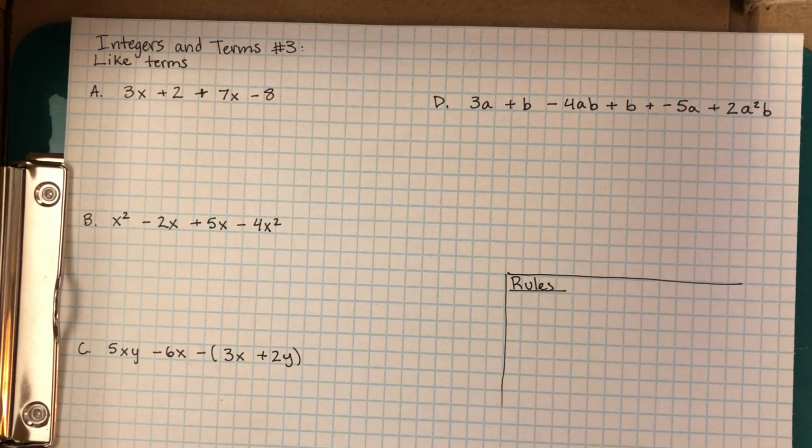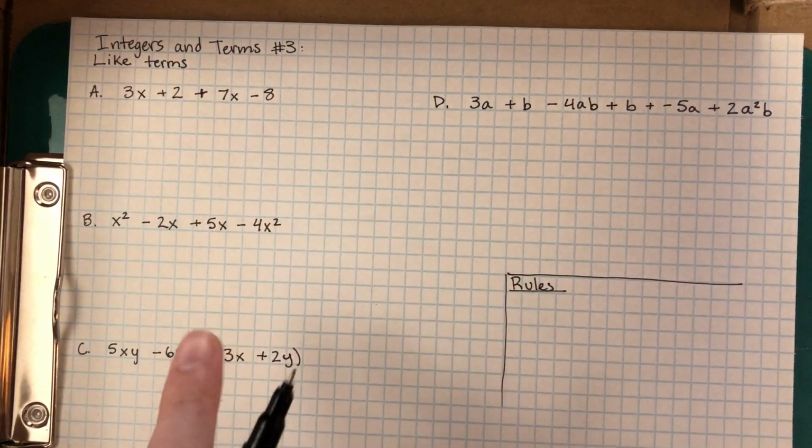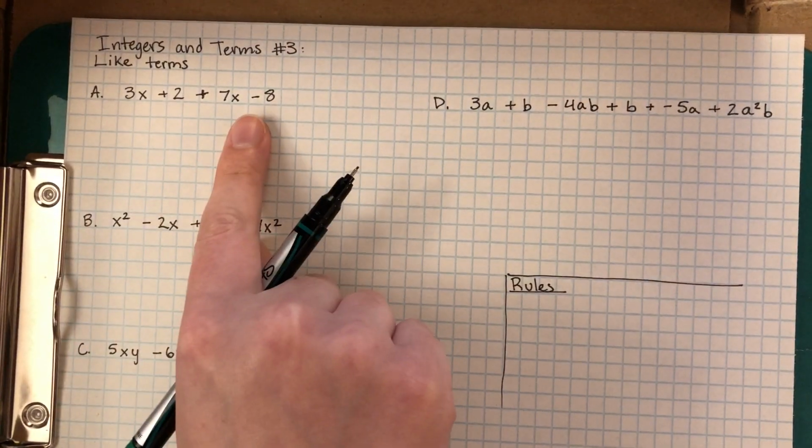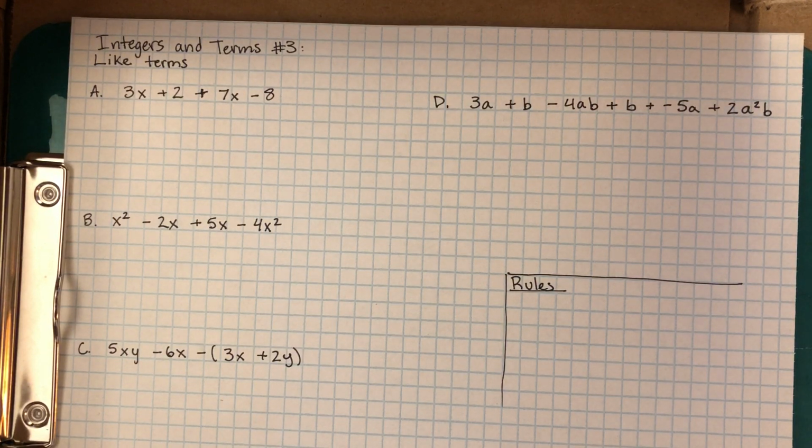So we want to be able to add together numbers that we can to combine them so that we have an expression that's simpler and easier to work with. We're going to try to write this to be shorter, but we want to make sure that whatever we end up with is equivalent to what we started with.